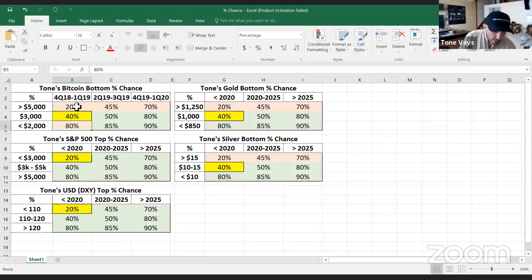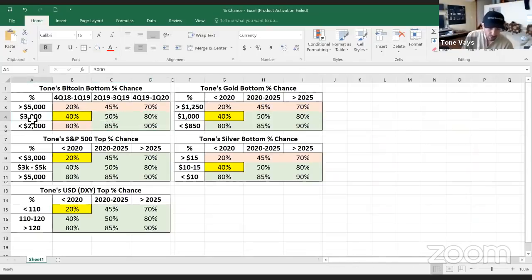Okay. Now, the reason why these things are in red is because they can no longer happen, right? Because we've already gone lower than 5,000, so nothing in the top line can occur. And we've already passed this time period, so nothing in this column can occur. Now, these things can still occur. My middle ground is 50%.